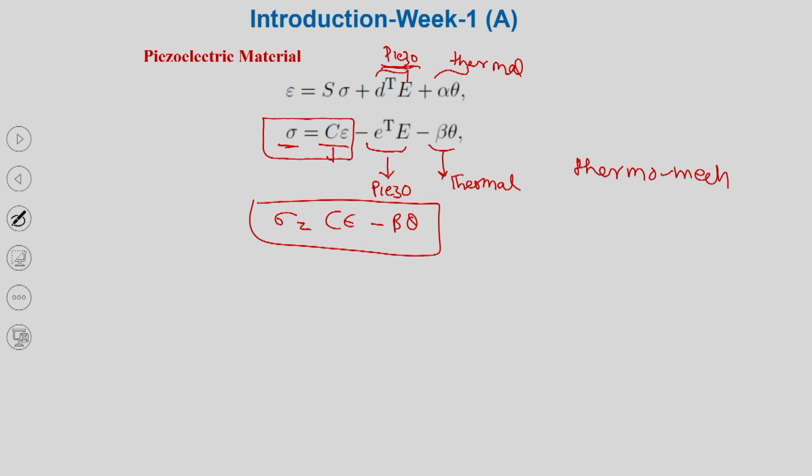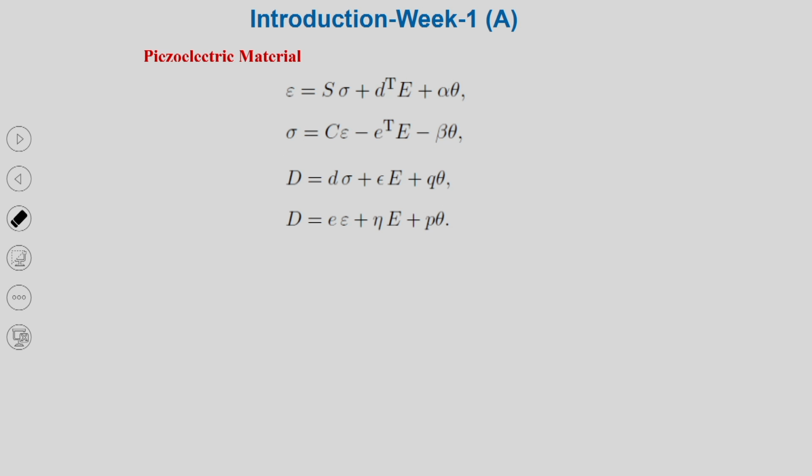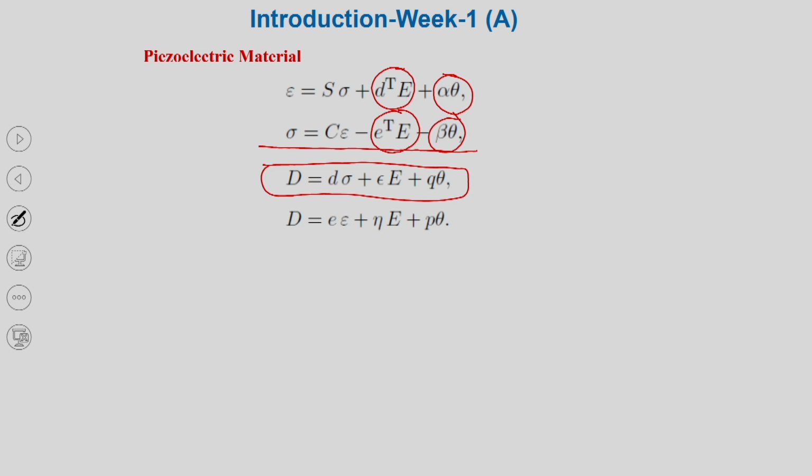If further he wants to develop for a piezo case, then they have to consider this extra term. This is okay up to here. As soon as these terms come into the picture, their corresponding new relations also come into the picture: electric displacement in terms of stresses, in terms of piezoelectric constant, in terms of thermal.